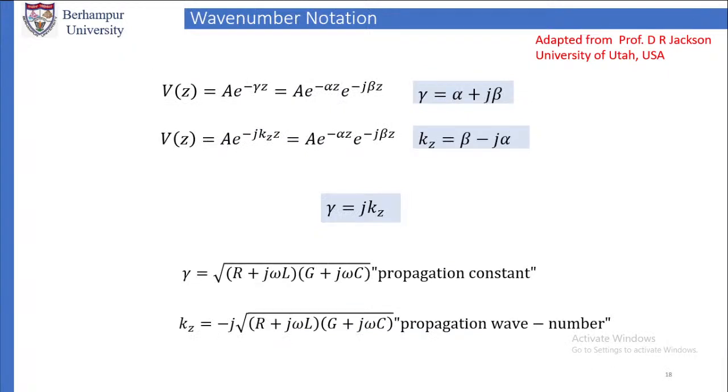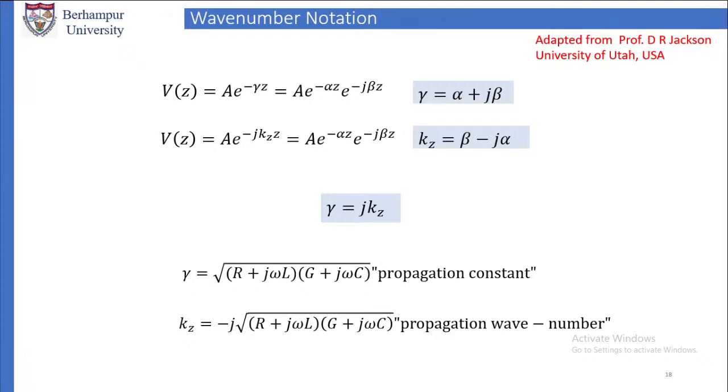Now we will come to wave number notation. Look at this. V is equal to A exponential minus gamma z, that you can write as A exponential minus alpha z exponential minus j beta z. Instead of writing exponential minus gamma z, we write it as exponential minus j kz z, where gamma is equal to j kz.